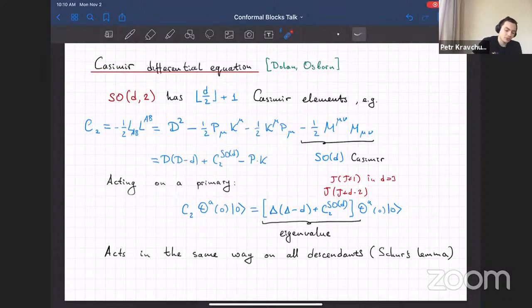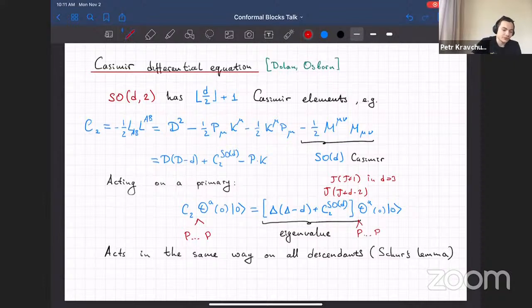Now, the usefulness of this generator, the Casimir element, comes from the fact that it commutes with all conformal generators, and since the conformal representation generated by a primary operator is irreducible, Schur's lemma says it has to act by the same eigenvalue on all descendants. So if we insert a bunch of P's here, it will still be the same formula with the same eigenvalue.